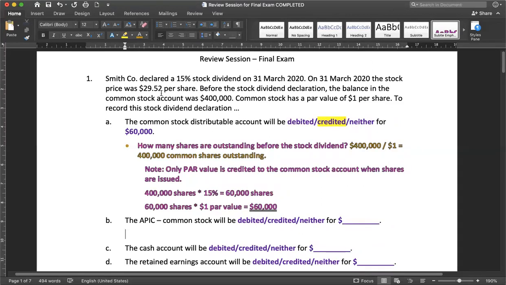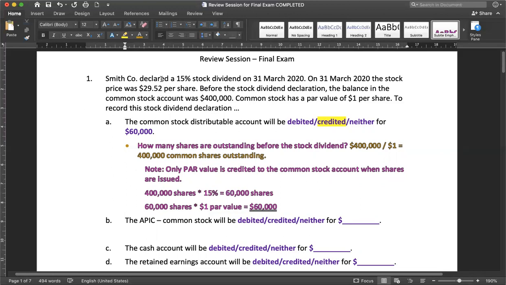So when there is a small stock dividend, a small stock dividend means less than 20 to 25%, then we are going to transfer from retained earnings into the common stock and the additional paid-in capital accounts the fair value.